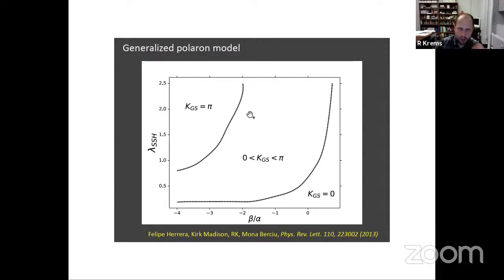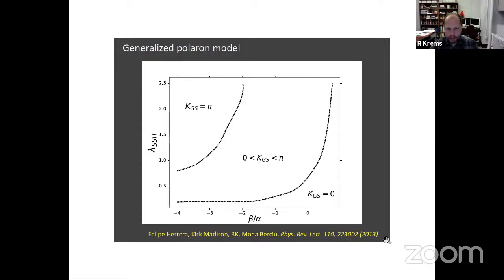These sharp transitions separate the areas in the phase diagram that have polarons with very different ground state properties. This is what we discovered back in 2013, for other reasons.